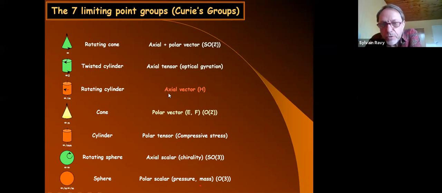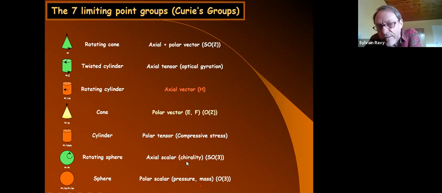This is different from an axial vector like the magnetic field, which has the symmetry of the rotating cylinder. So you have also an infinite axis, vertical, but there is only one mirror, which is normal to this axis. And you can play the same game with other quantities. For example, a polar tensor belongs to the group of the cylinder.